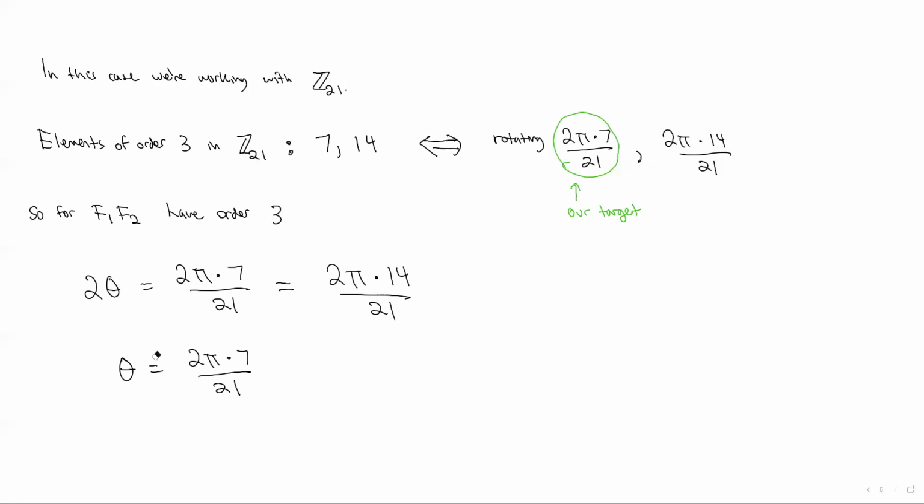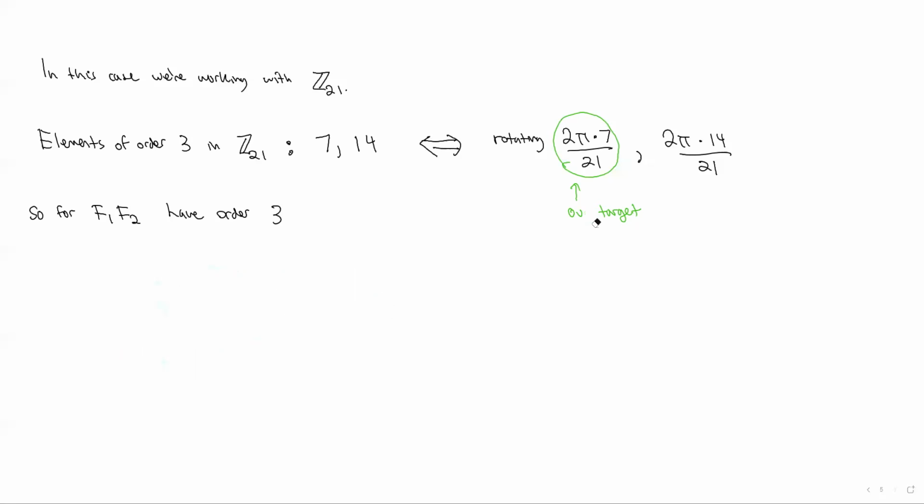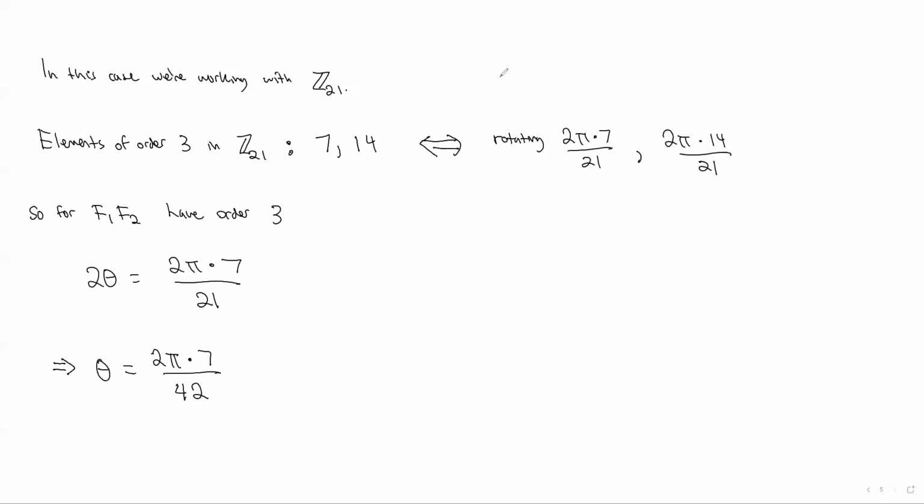If you want to be systematic, I won't pick any of these, I'll just try both, and one of them will work ideally. So we can have 2 theta equals 2 pi times 7 over 21. Then theta equals 2 pi times 7 over 42, which is not what I want. So this is invalid.